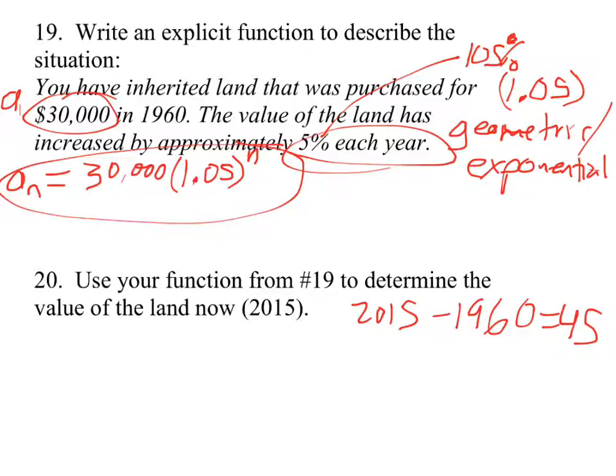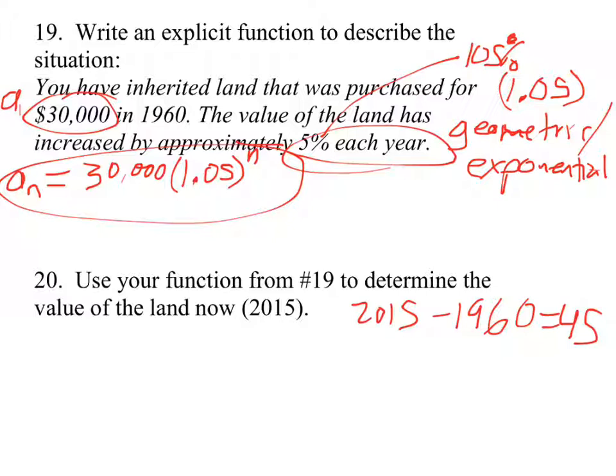But if we said this was n minus 1, then the first year purchase would mean 0. The 0th year, the year it was purchased would be year 1, and so 45 years later would be the 46th term of the sequence, so you plug in 46.